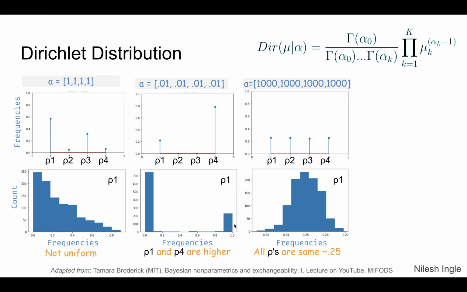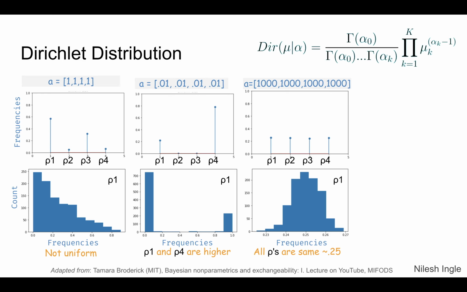And again, similar to the beta distribution, now when we sample from a Dirichlet distribution with values for hyperparameters which are much higher, so if we set it to 1000, then the probability values for row 1, row 2, row 3, row 4 are similar.